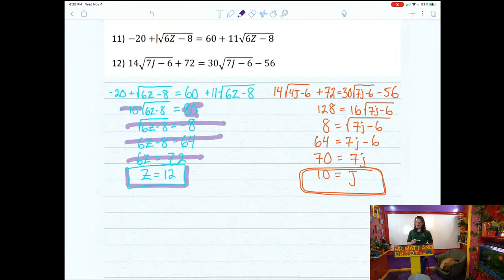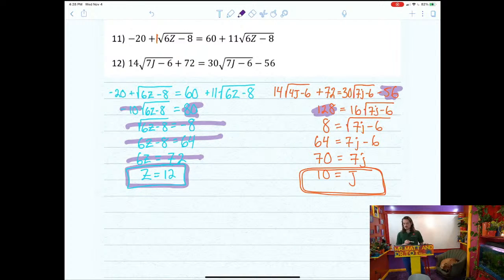For number 12, 14 times the square root of 7j minus 6, quantity plus 72, is equal to 30 times the square root of 7j minus 6, quantity minus 56. So when I add 56 on both sides, 72 plus 56 is 128.